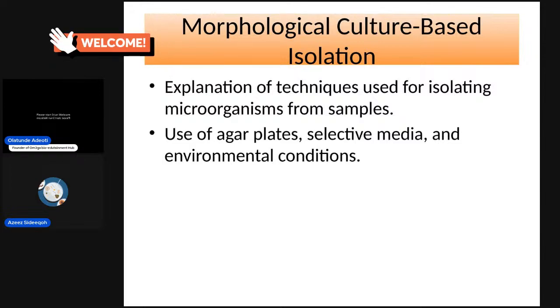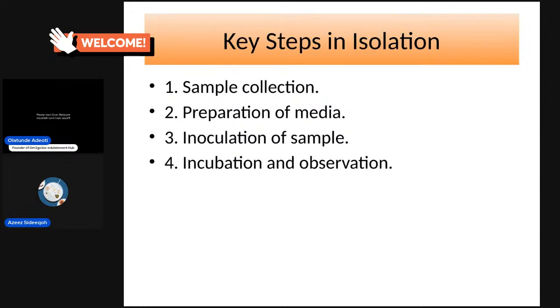Just like I said, there are four key steps in isolation. Number one is you have to remove them from their natural environment. For example, if you are working with soil microorganisms, the sample you are going to collect is going to be what? A soil sample.